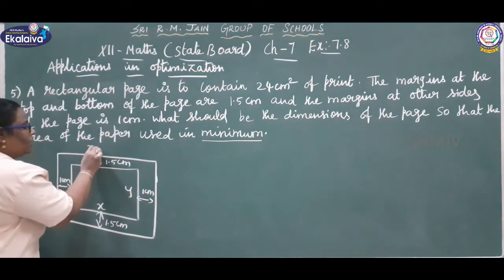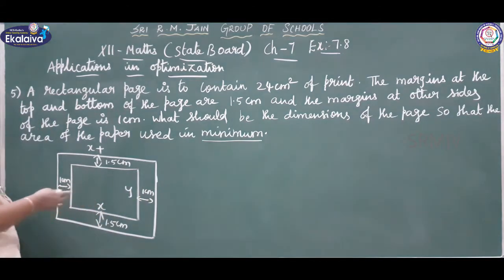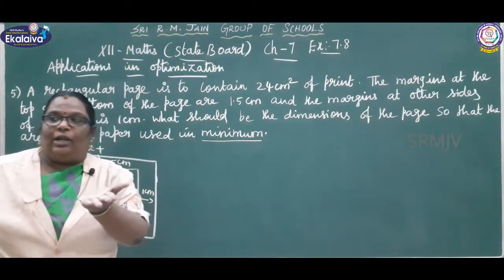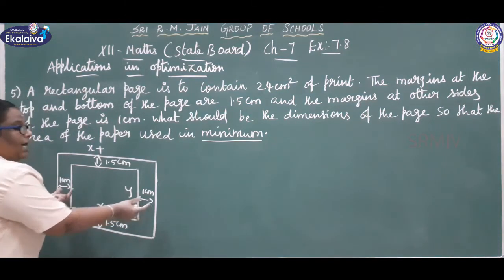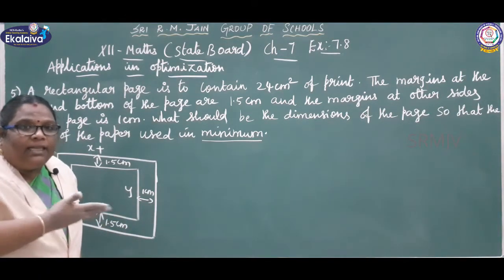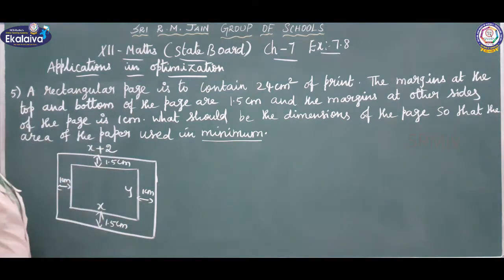So x plus 1 plus 1, because it is in a horizontal position, the x value is nothing but the length. See the arrow mark, it is horizontal. Length value is 1 plus 1 is 2. That is a new dimension.